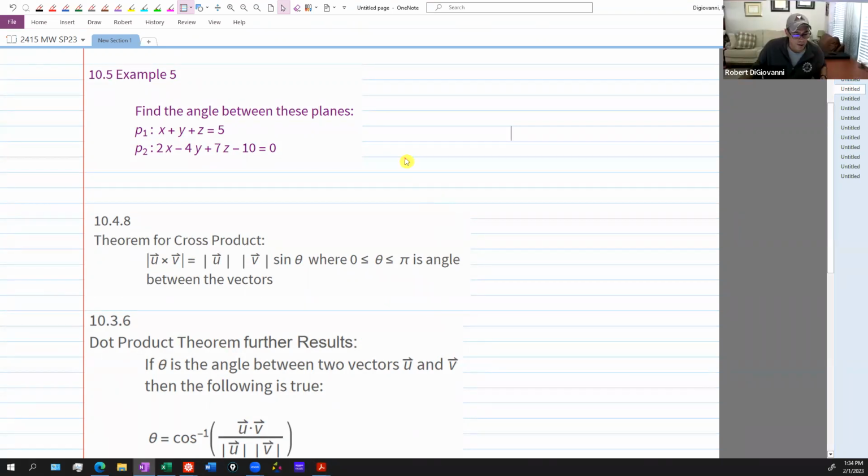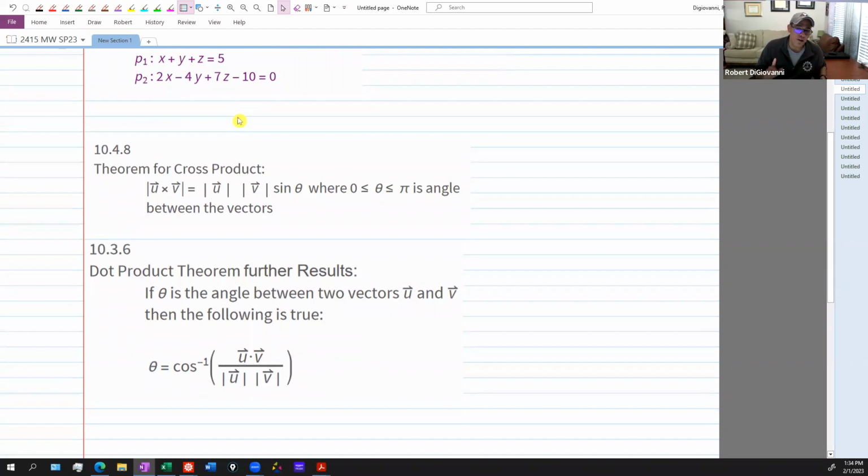That's fine. You're good. So look, we're going to try and find the angle between these planes. If you look back in our notes, we actually have two different ways we could have gone about this. In the last section, 10.4, we had this theorem for the cross product, and notice that in this formula, there's a theta. So we could, if we wanted to, solve for theta here by dividing both sides.